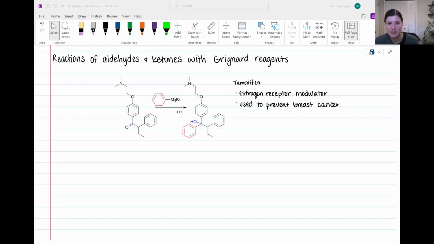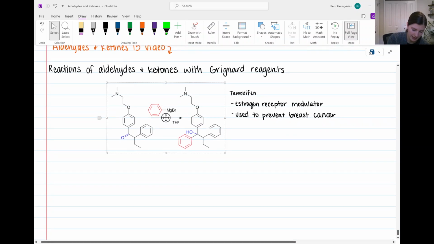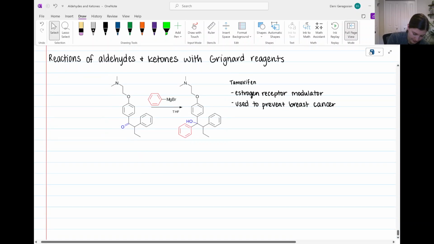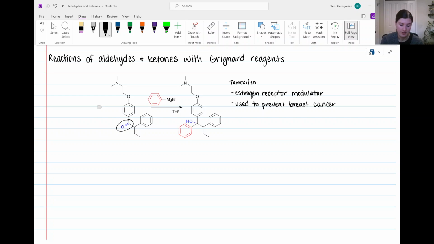If you look at the starting material and product, the difference in these structures is occurring right at the ketone. So this part of the molecule here where there's a ketone. You might notice this reagent that we're adding here, magnesium bromide, bonded. That magnesium is also bonded to a carbon structure or an organic structure.